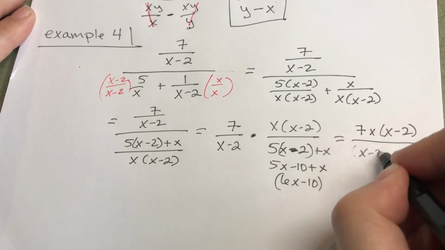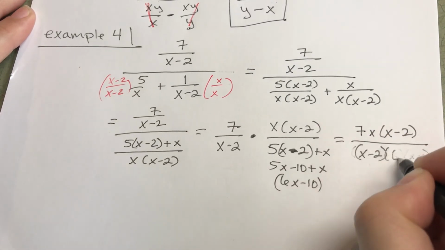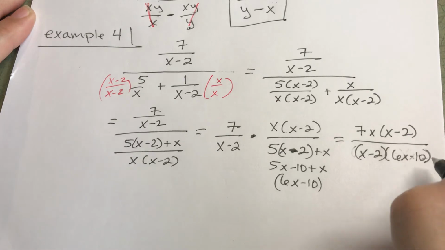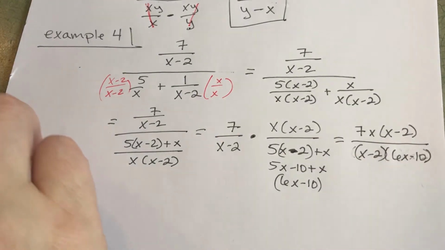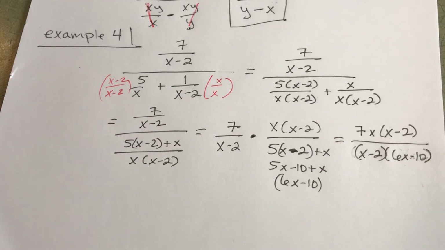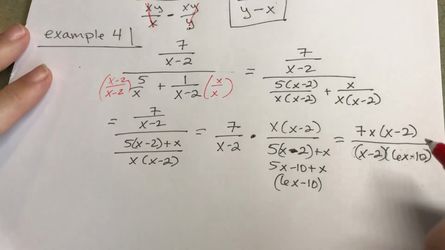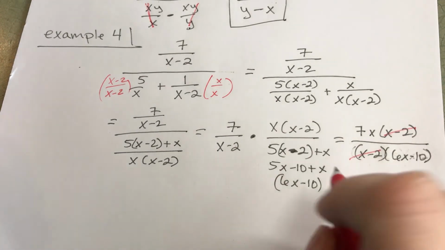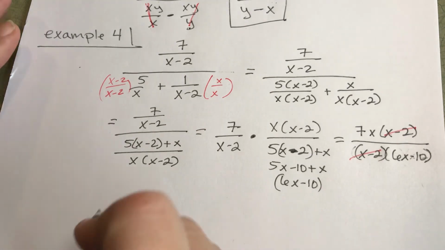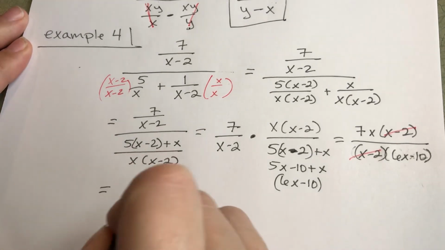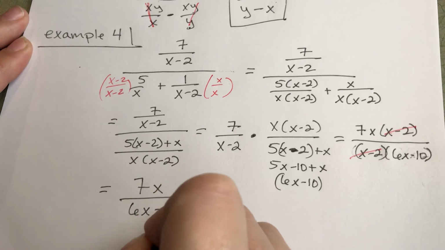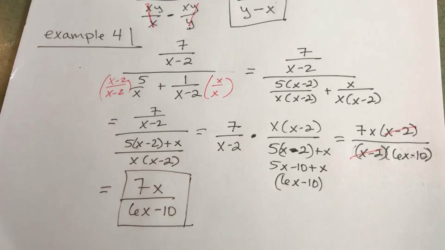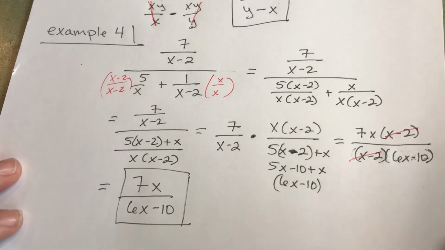So this is x minus 2 times 6x minus 10, which is, let's see, I can simplify that, and I get 7x over 6x minus 10 is my answer. Okay, that's the first method.